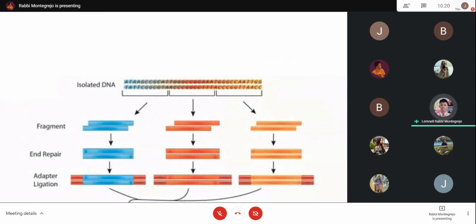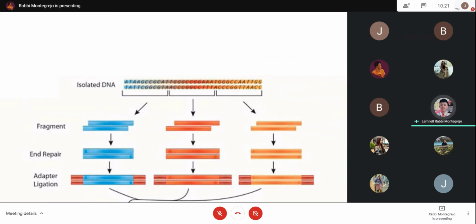So here is a brief process. First, the isolated DNA is fragmented into smaller input-sized fragments. The process of fragmenting can be done in quite a number of ways, but as I have researched, one of the most efficient is through sonication, which is through the use of sound, ultrasound actually, to break the DNA into fragments.